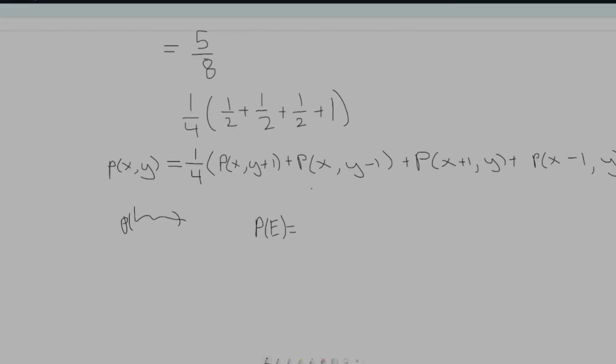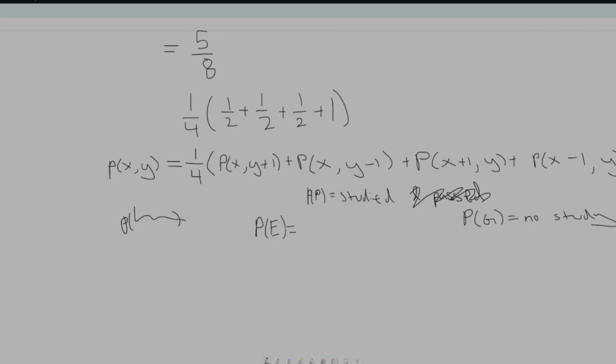So let's say F is the students who studied, and this is their probability of passing. And G is the students who didn't study.